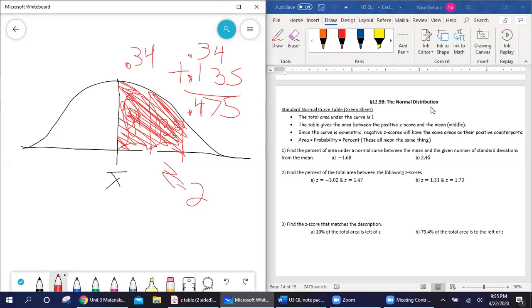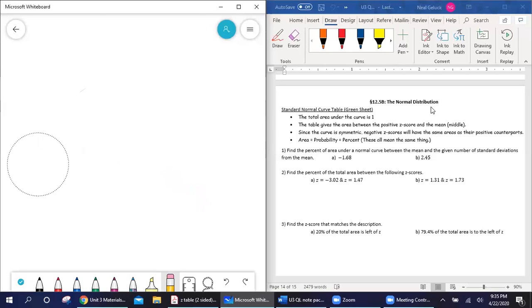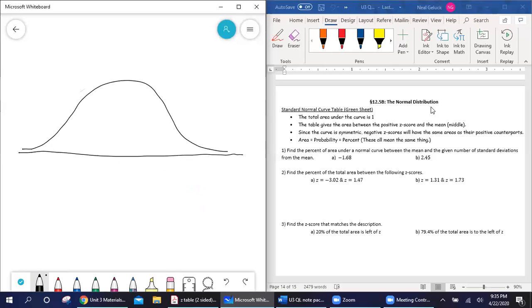Now, here's the thing, and I hinted at this in the last video, a lot of data points will not land perfectly on one of those z-scores. Again, the mean's in the middle. Let's say that a z-score landed at 1.24, meaning it was about 1 1/4 standard deviations.